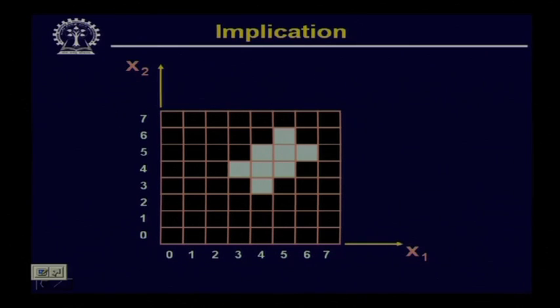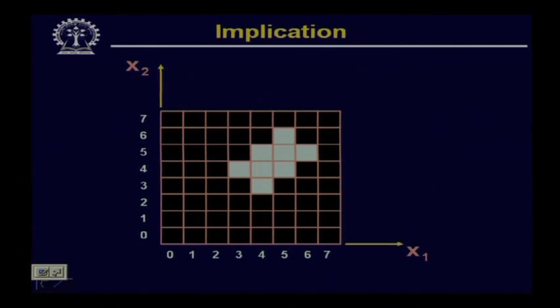In this case, the object region consists of the pixels 3 4, 4 3, 4 4, 4 5, 5 4, 5 5, 5 6 and 6 5. These are the pixel locations which contain the object, and the other pixel locations do not.